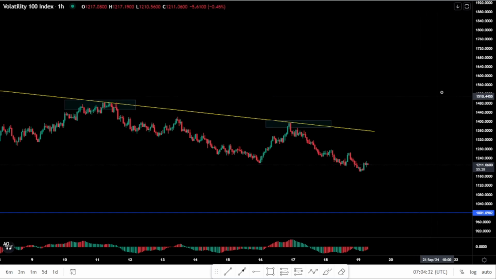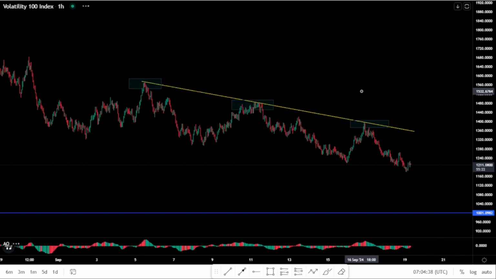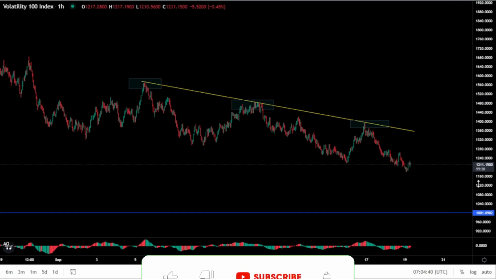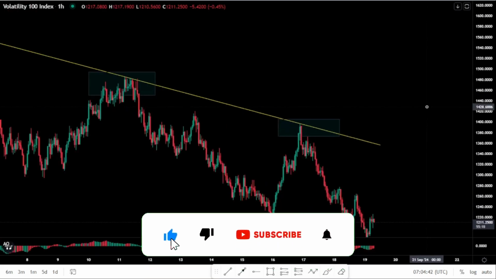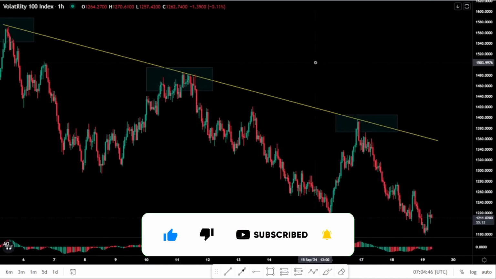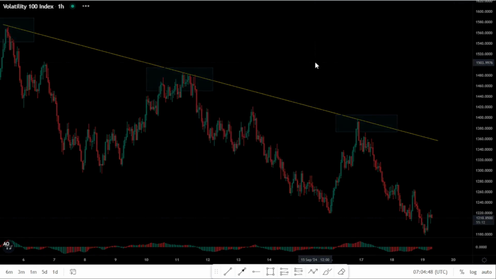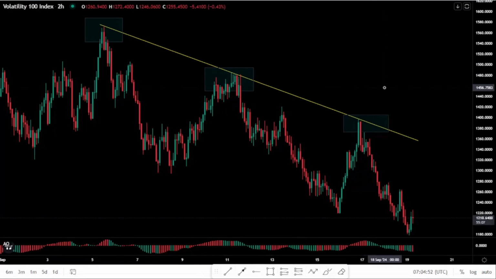You can use the 1 hour time frame or the 2 hour time frame, it really doesn't matter. Let's look at the 2 hour time frame and see what it was giving us before we go down to the 1 hour time frame.